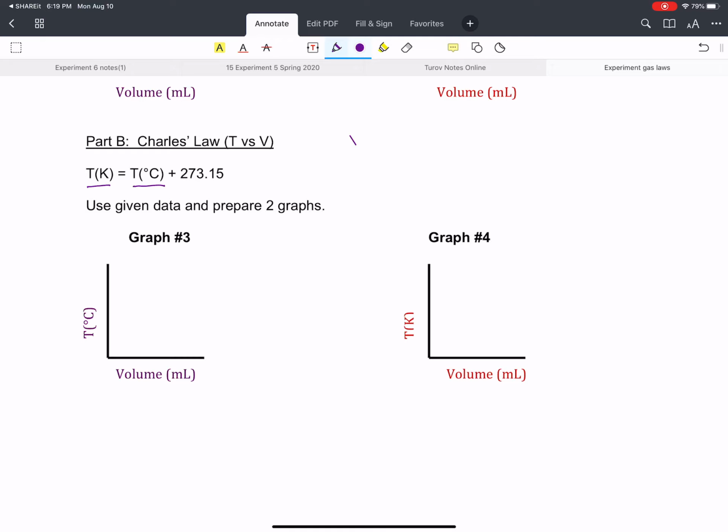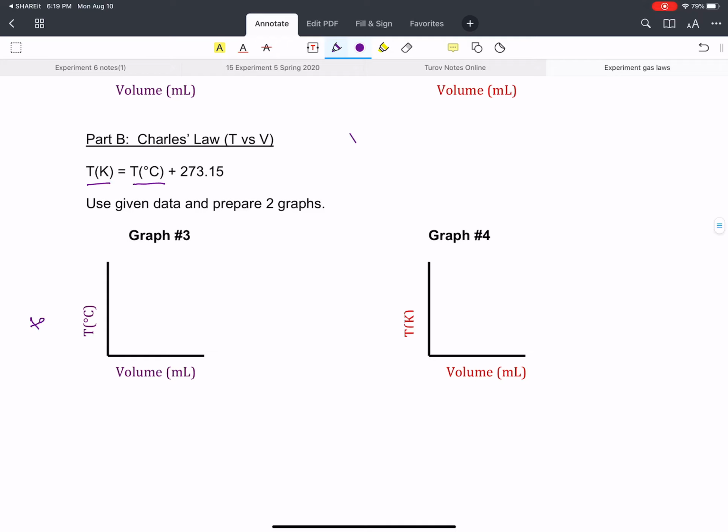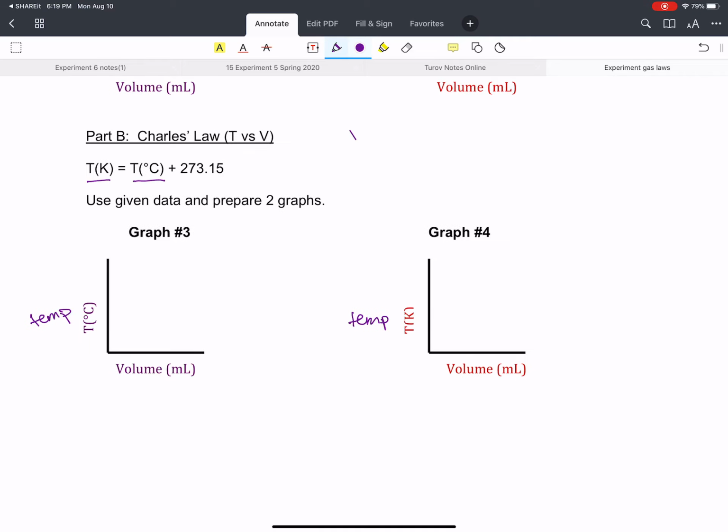So in both of these plots, you're going to be plotting temperature on the y-axis and volume on the x-axis. But notice the units of temperature on this plot, graph number 3, are Celsius. This one is in Kelvin.